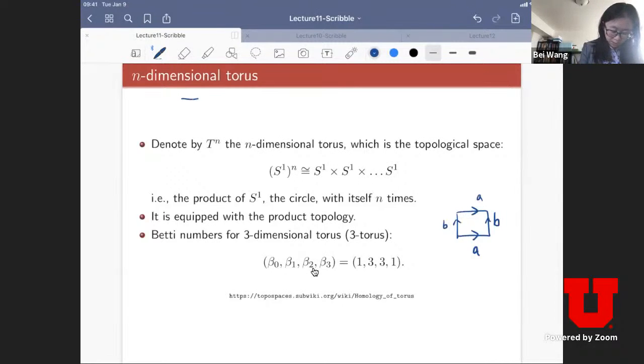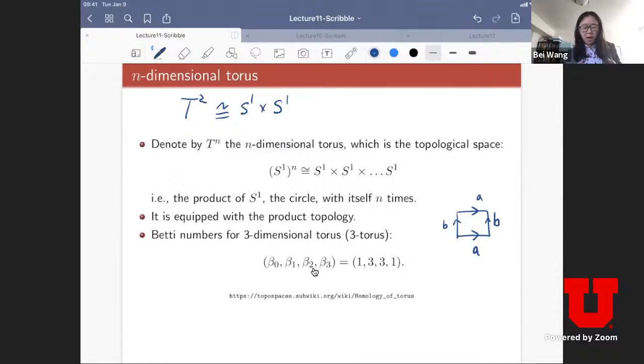T2, the two-dimensional torus, is topologically the product of two circles. So it's basically the product of a circle multiplied by itself.